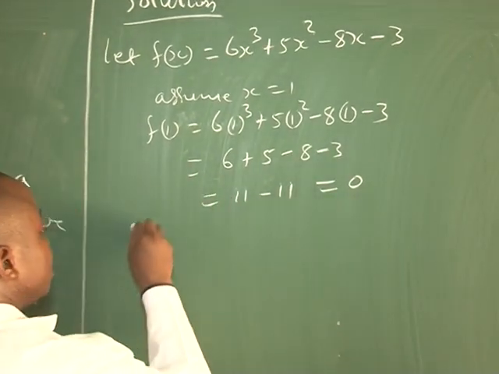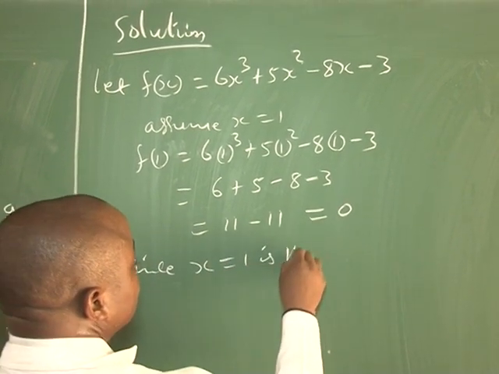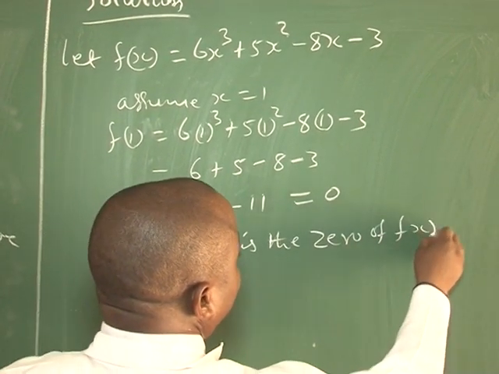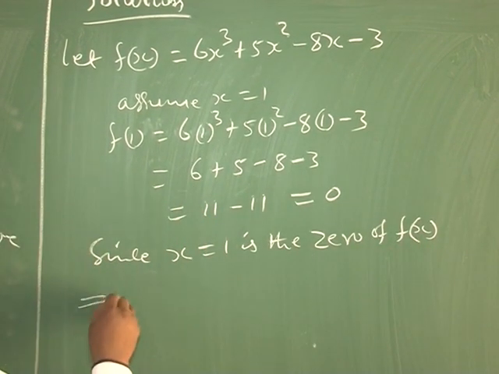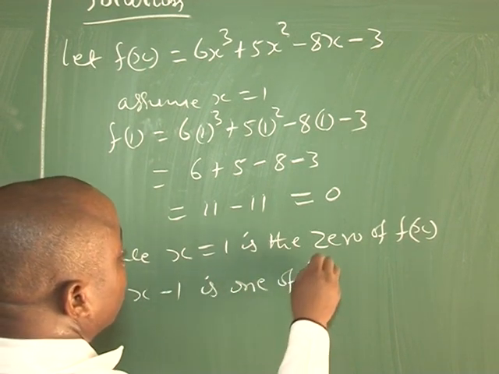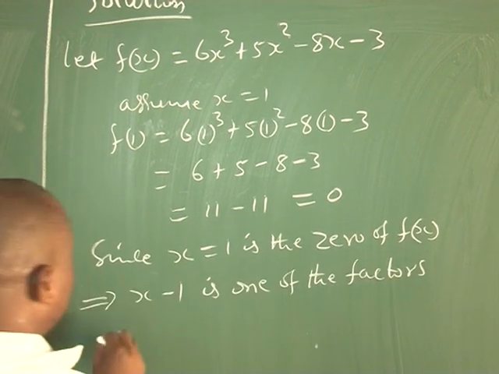Okay. Now, since x equal 1 is the zero of f of x, it implies that x minus 1 is one of the factors of f of x.